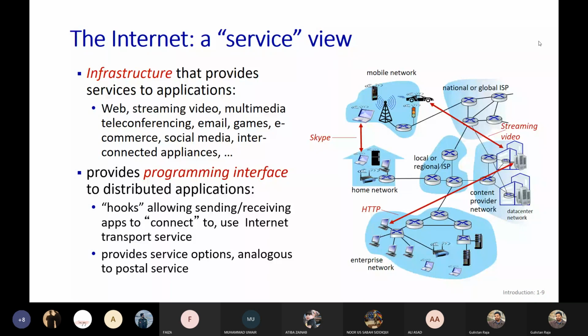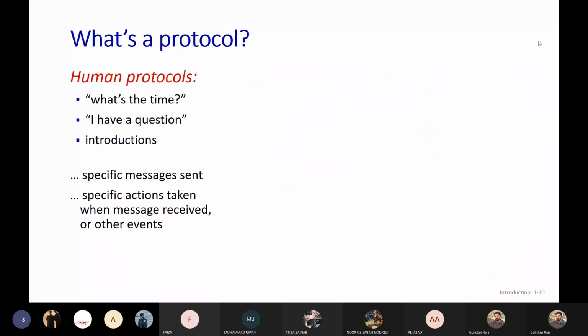Okay. If no, then let's move to this. Again, protocol. I have given you a lot of analogies and examples. So, another slide for explanation of protocols. Human protocol: there is another example given by the author, that suppose you want to ask the time.